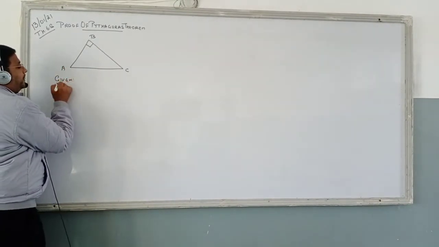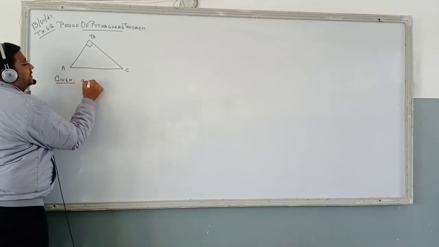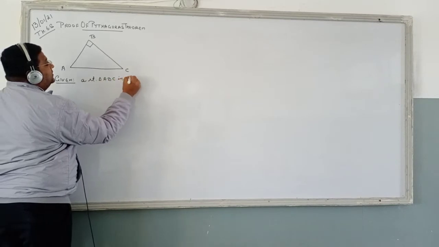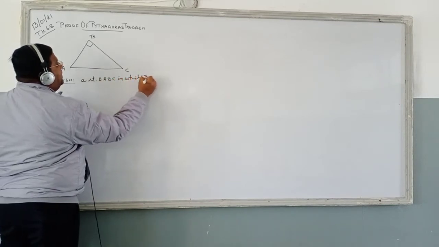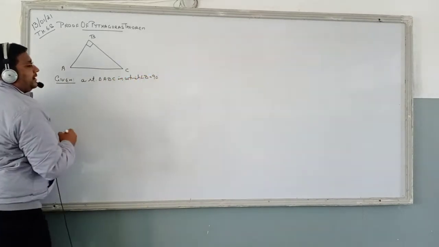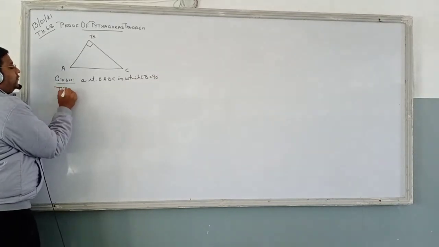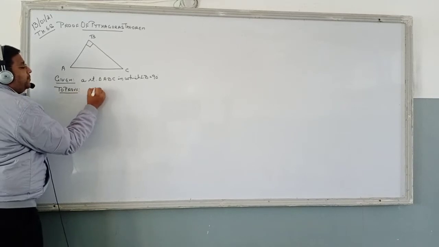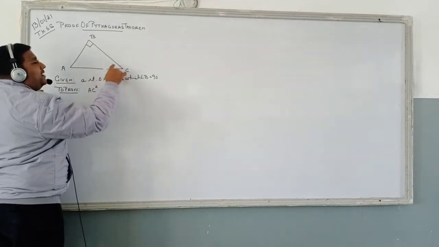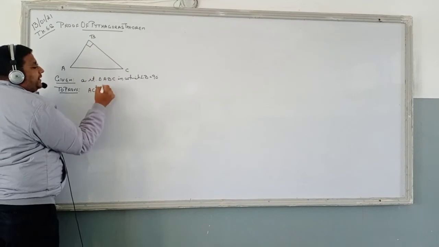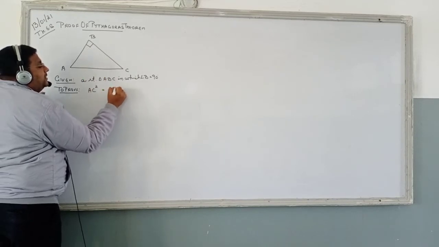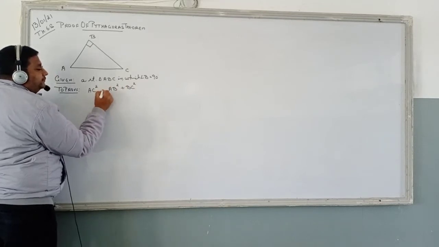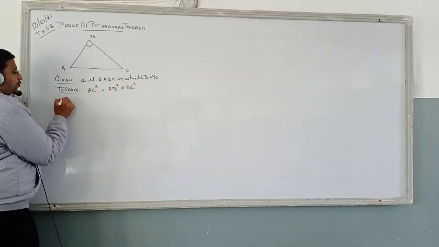We are given a right triangle ABC in which angle B is equal to 90 degrees. We have to prove that the square of the hypotenuse AC square, because it is the side opposite to 90 degrees, is equal to AB square plus BC square. This is what we need to prove.